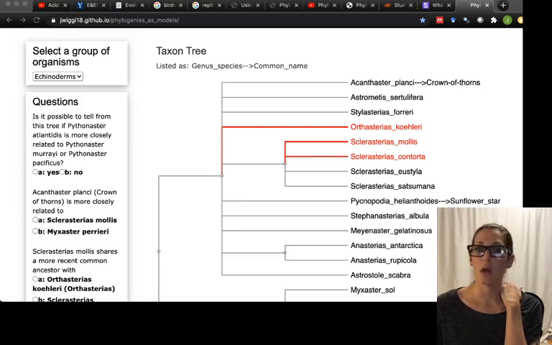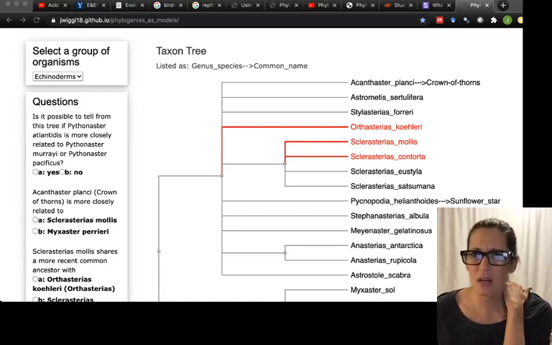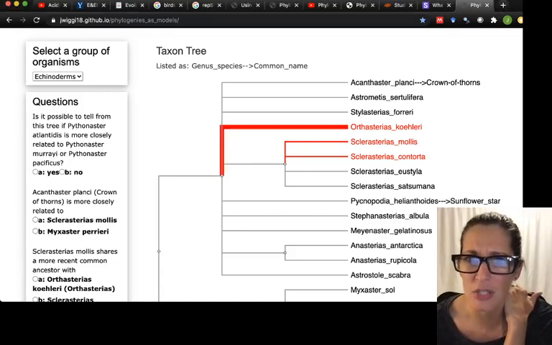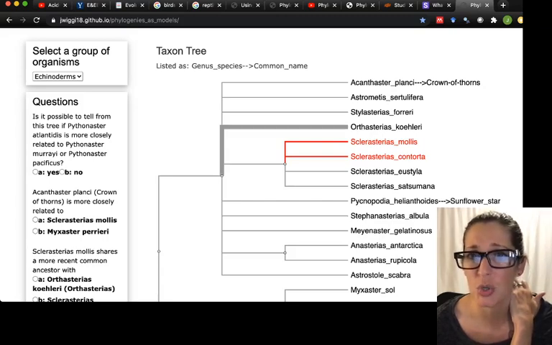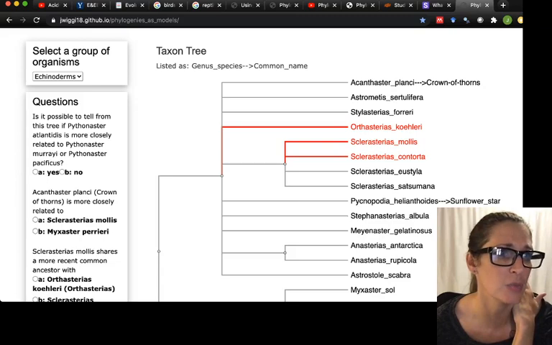Okay, so Sclerasterias, let's see. I'll just highlight these. Sclerasterias mollis and Sclerasterias contorta are more closely related to each other than either of them is related to Orthasterias koehleri. I do not study echinoderms, guys.